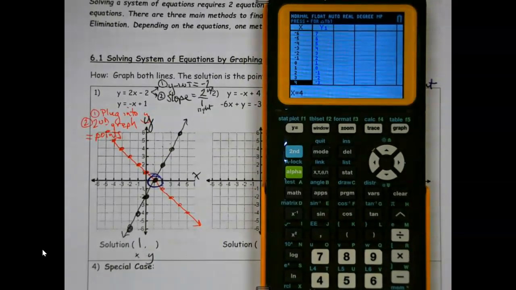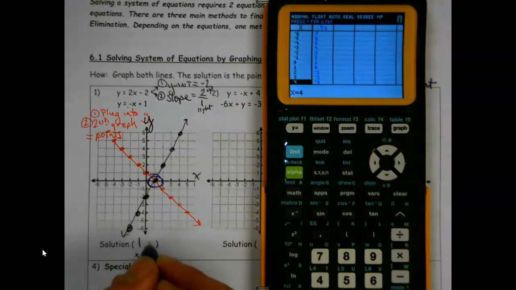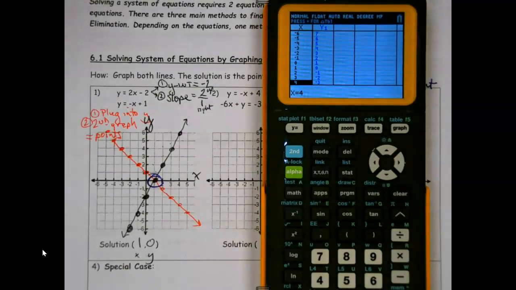And the y value, okay, I didn't go up or down any, I just scooched over a little. So my coordinate point's at 1, 0. That's my answer. That's where they cross. So that's what we're going to be trying to do here.